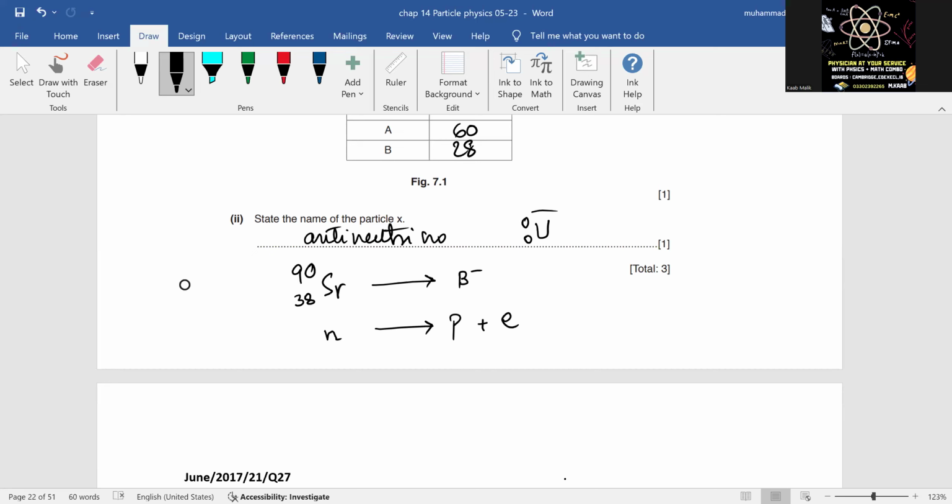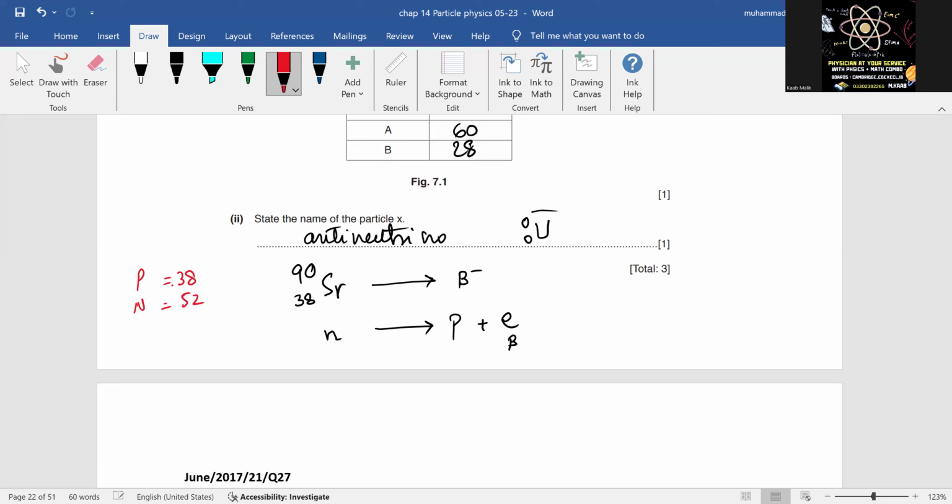The electron is the beta particle. Now, out of 90 nucleons, there should be 38 protons and how many neutrons? 52. Yes.